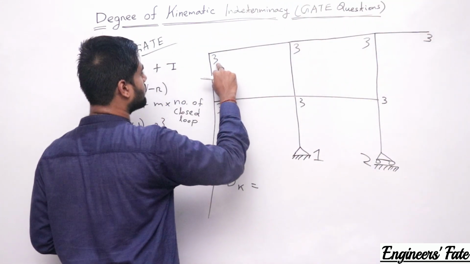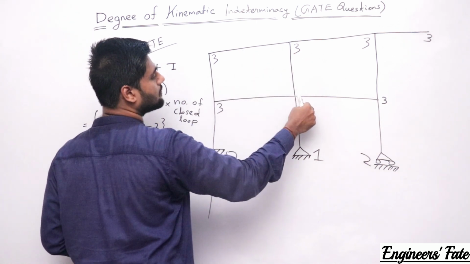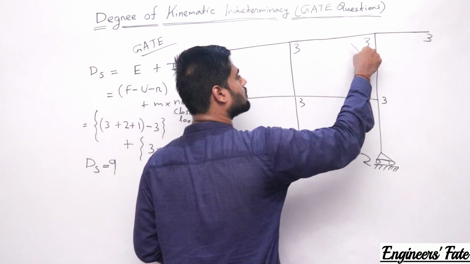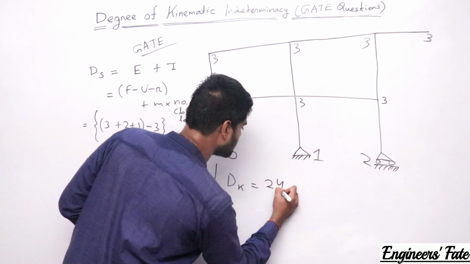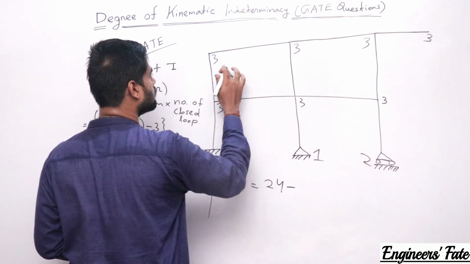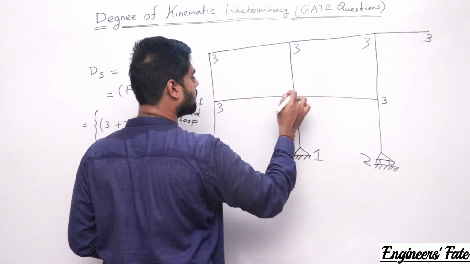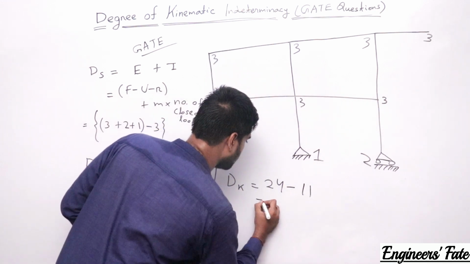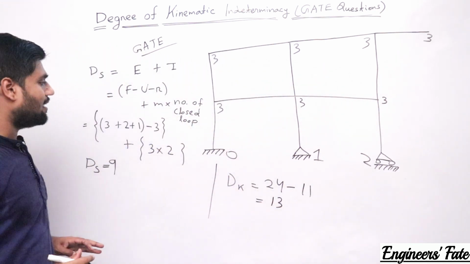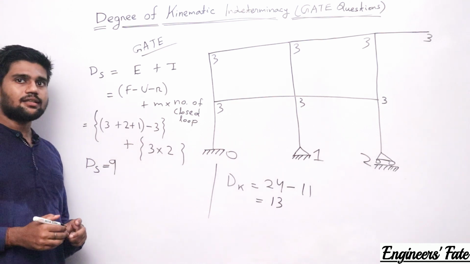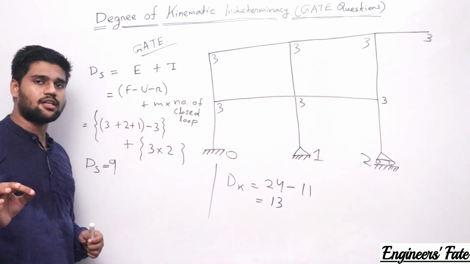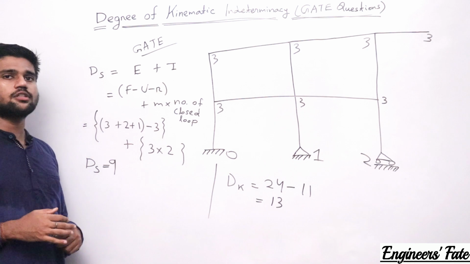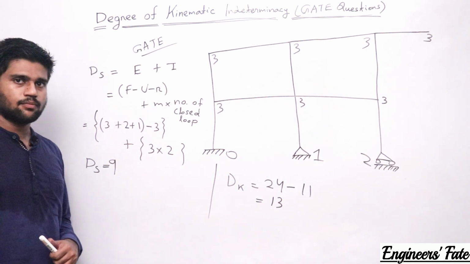So 3 plus 3, 6, 9, 12, 13, 15, 18, 21, 24 minus number of members 1, 2, 3, 4, 5, 6, 7, 8, 9, 10, 11. So dk will be 13. So 9 and 13 is the answer. Try the last question, that is a possible future GATE question from my side. Note down this thing and try the last GATE question.